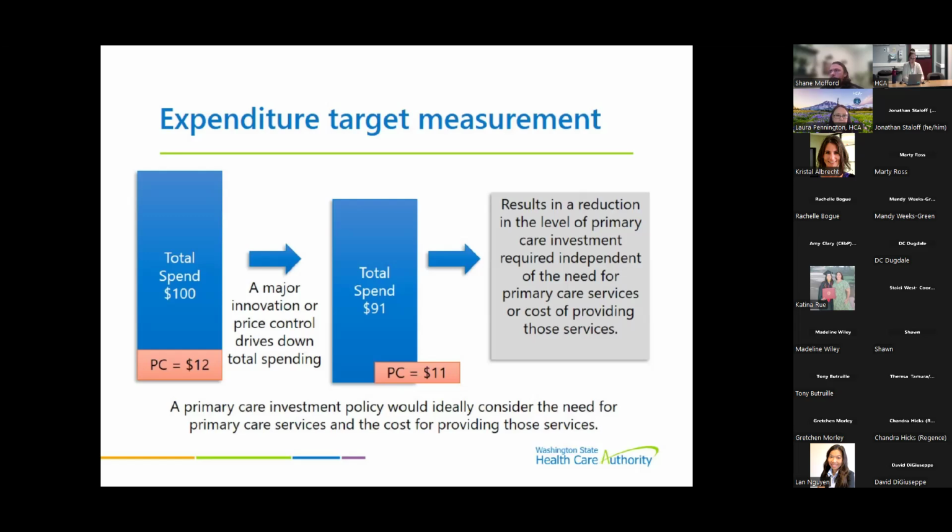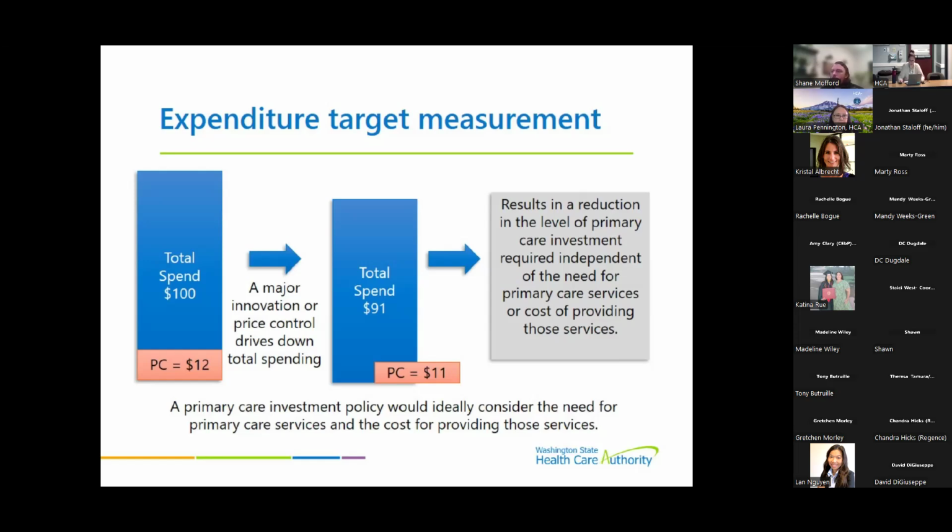This is a really simple way of illustrating this concept, but it does result in a reduction in the level of primary care investment independent of the need of primary care services or independent of the cost of providing those services. So ideally, your investment targets would consider the needs for primary care services and consider the cost of providing those services.